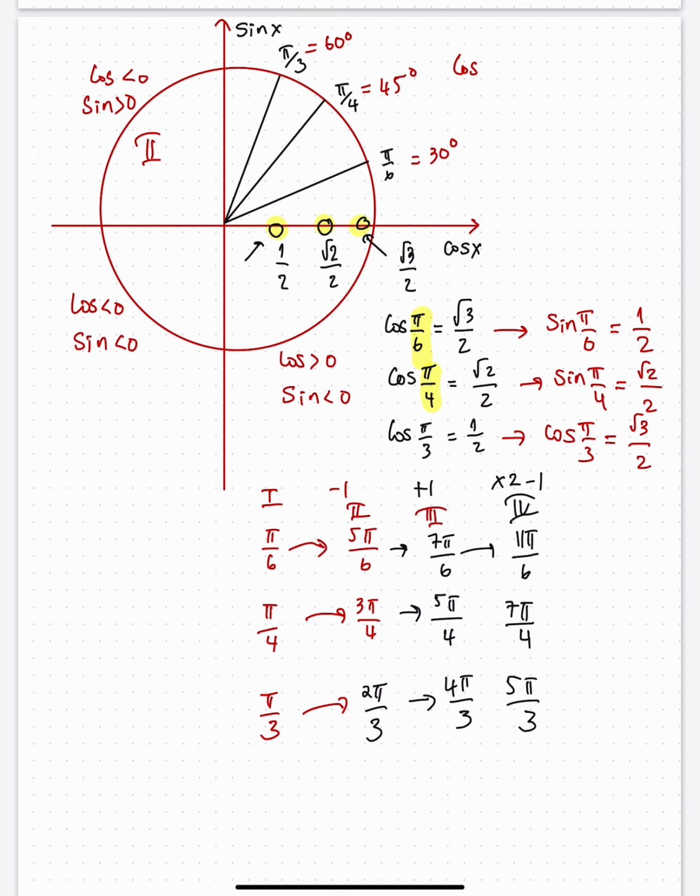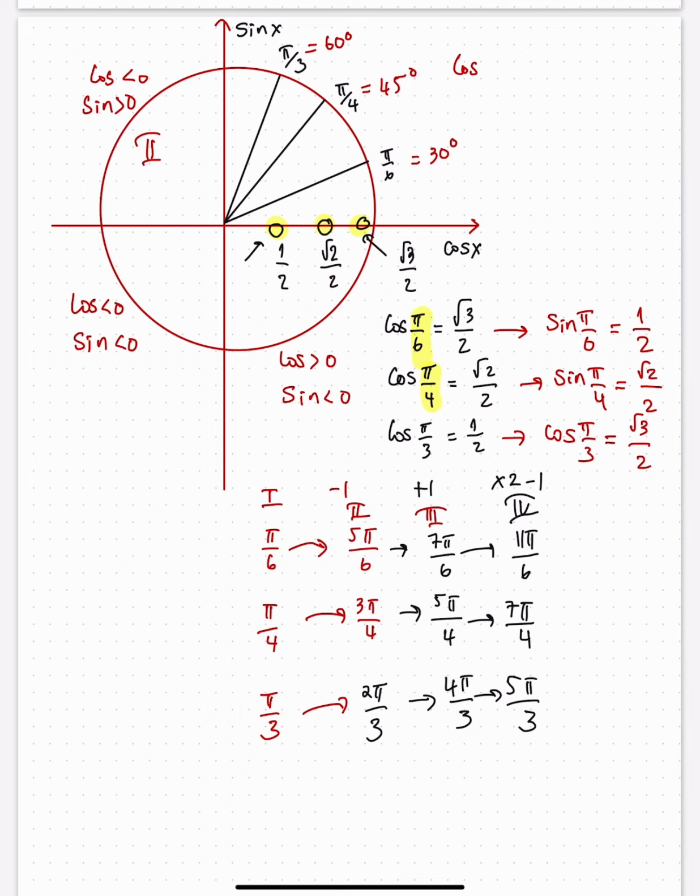So I just want you to know how to find the angles from the third quadrant, second quadrant, and fourth quadrant. But how about the values of cosine and sine of those angles?